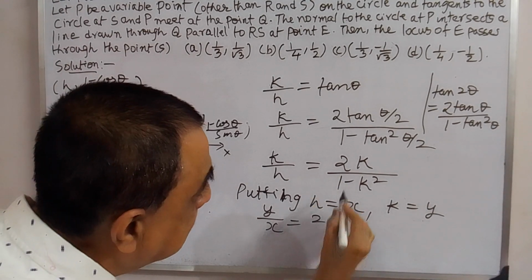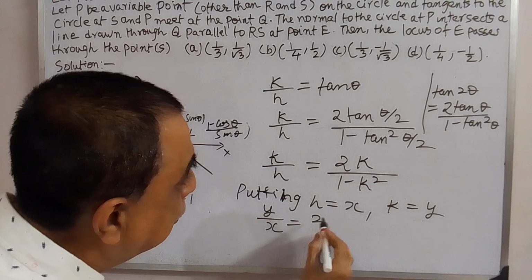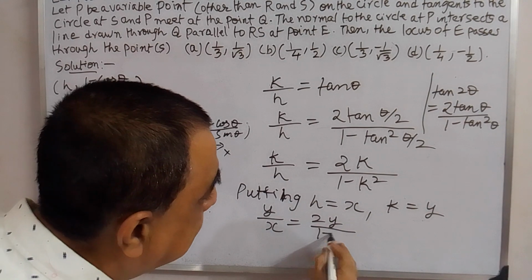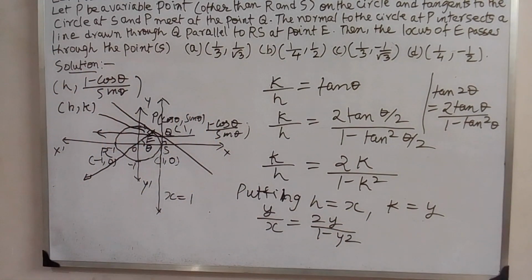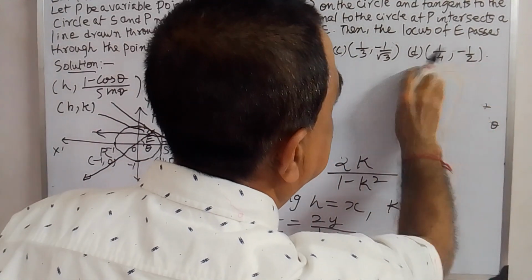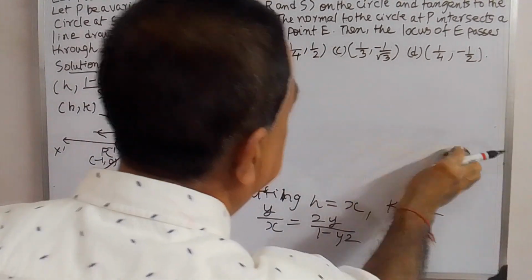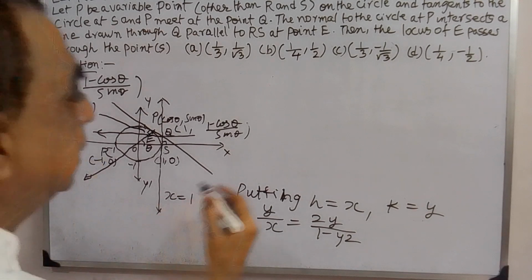And this will be 2 into y divided by 1 minus y². So we have got an equation of the x coordinate and y coordinate of the point E.